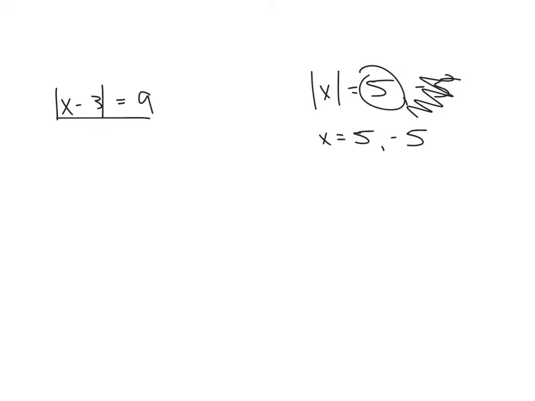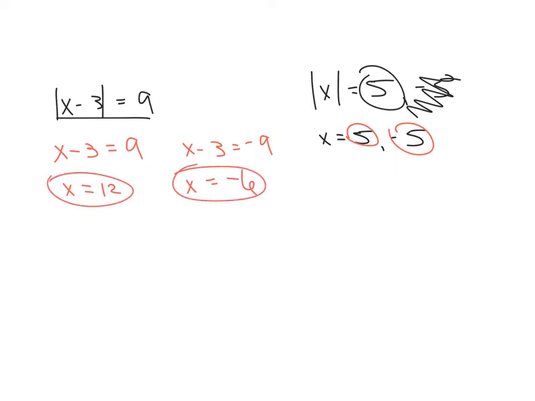So, x minus 3 is going to be equal to 9, or x minus 3 is going to equal -9, just like we said 5 or -5 here. So what that means is we end up solving this equation twice. And I'm just going to write this over here. So, x equals 12, or x equals -6. Okay, so we have two answers there for our x value. X is 12, or x is -6.